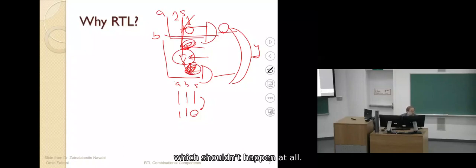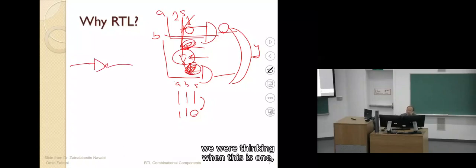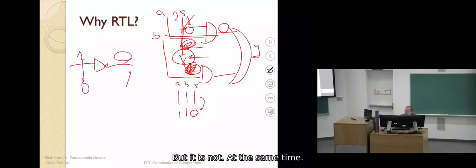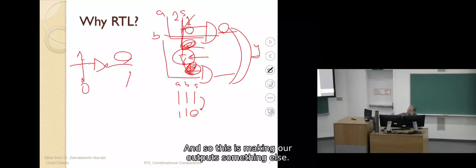Both of them are 0, which shouldn't happen at all, because up to now we were thinking when this is 1, this is 0, and when it became 0, this should become 1. But it is not at the same time. It takes time. It has delay. And so this is making our output something else. We should have 1 in our output at all times, because A is 1, B is 1.